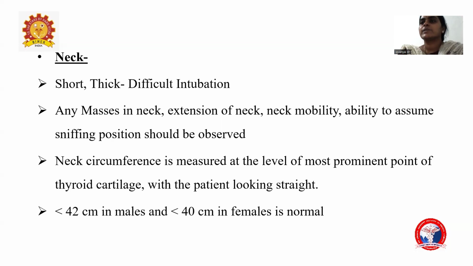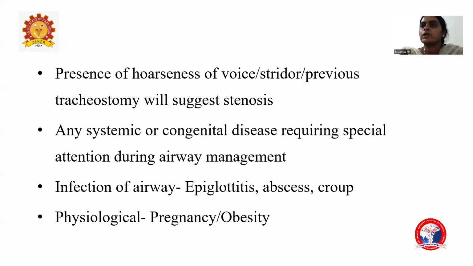Neck circumference is measured at the level of the most prominent point at the top of the thyroid cartilage, while the patient looks straight. It is less than 42 centimeters in males and less than 40 centimeters in females, which is considered normal.